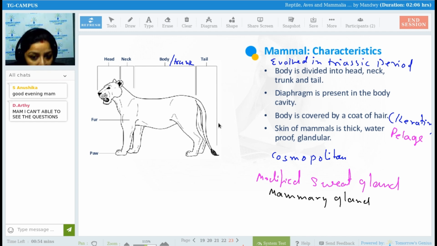But all the mammals, you can see in the image also, have forelimbs and hind limbs. We also have forelimbs, that is hands, and the hind limb is the leg. Our limbs are pentadactyl.